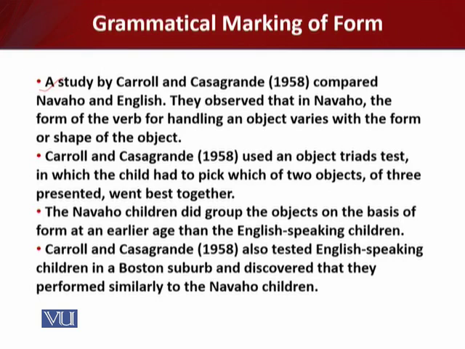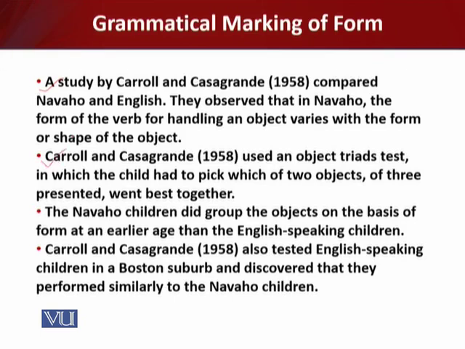The verb varies if the object is a long, flexible object, such as a piece of string, versus a long, rigid object, such as a stick, or maybe a flat, flexible object, such as cloth. On the basis of this grammatical distinction, Carroll and Casagrande proposed that Navajo-speaking children would learn to discriminate the forms of objects at an earlier age than their English-speaking peers.